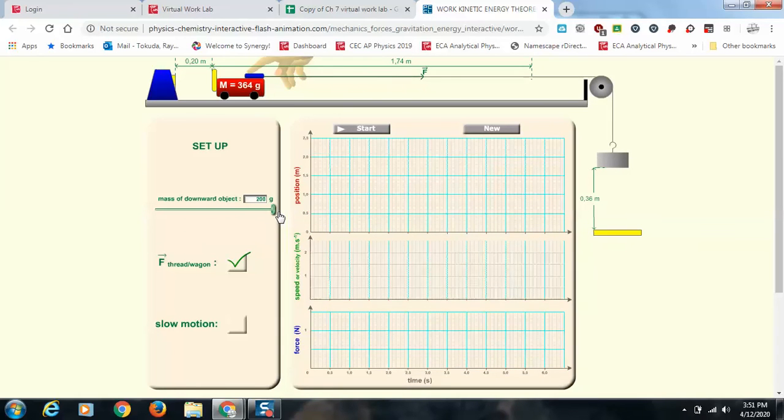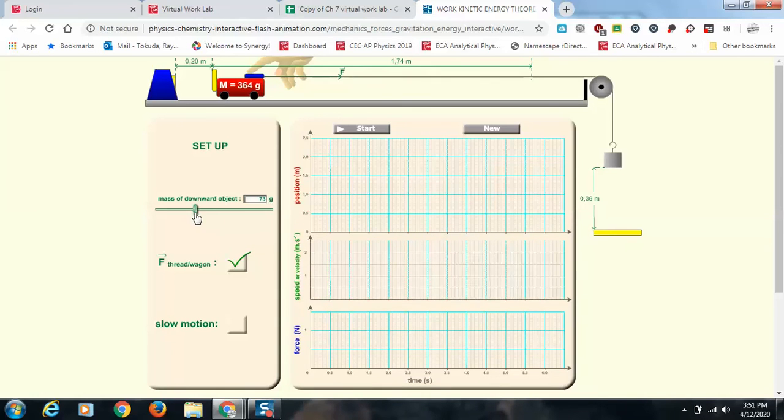You have to make a graph that will enable you to predict the final velocity with a mass greater than 200 grams. You're going to have to decide what data you're going to take. Actually, you might not have to take any new data at all, but you have to figure out what kind of graph you have to make that will allow you to pick the final velocity if you had more than 200 grams of weight on this hanging mass.